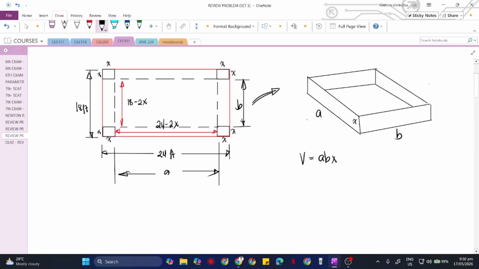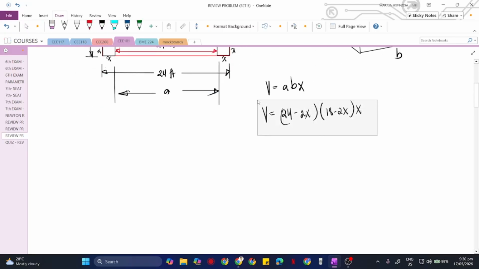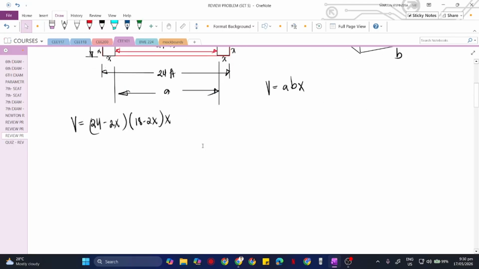So the volume of the box would be a b x, and a will now be equivalent to 24 minus 2x, and b will be equivalent to 18 minus 2x, to be multiplied by x. So we now have the equation of the volume that we want to maximize.